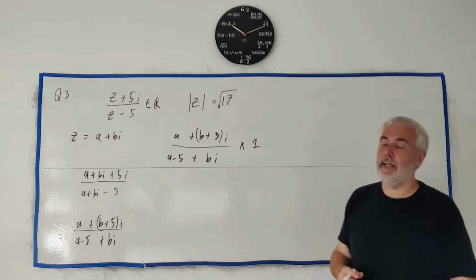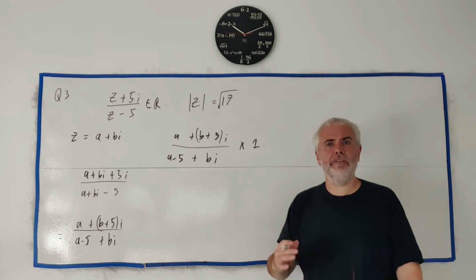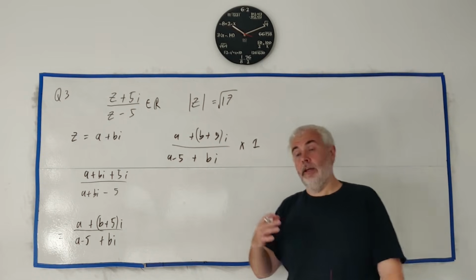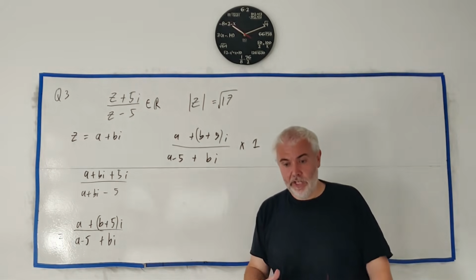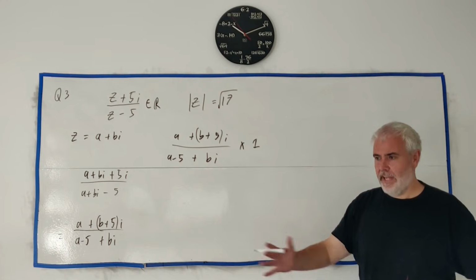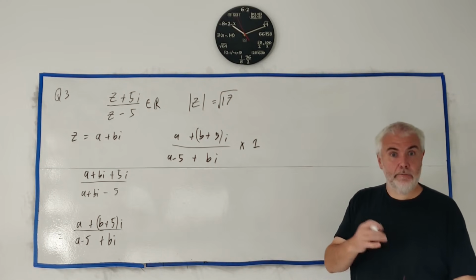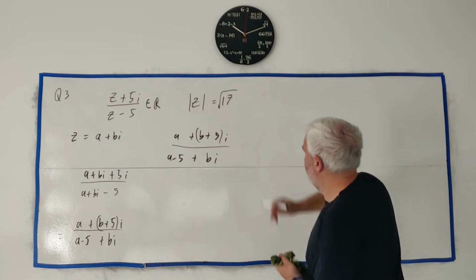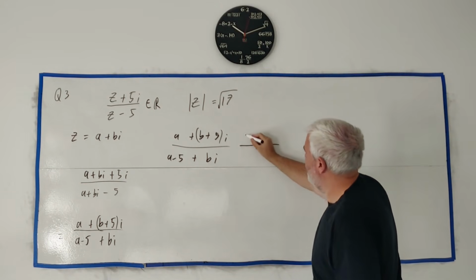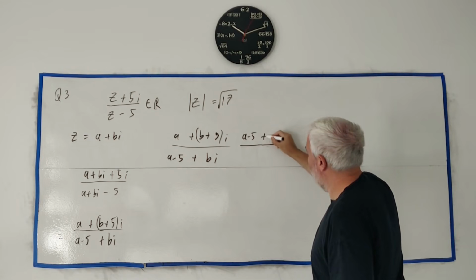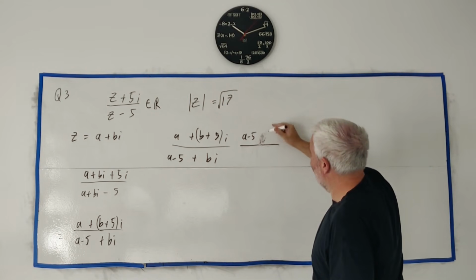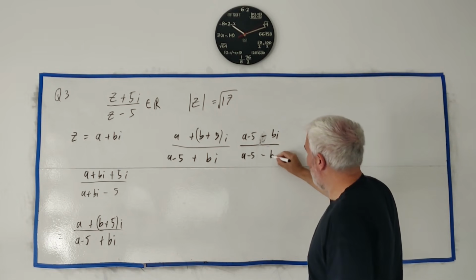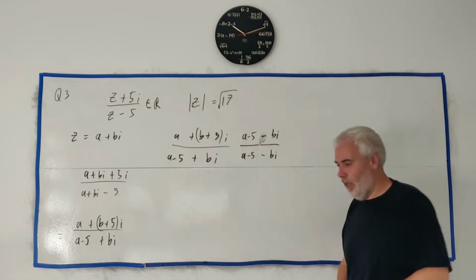The next trick is a number divided by itself is 1. 8 divided by 8 is 1, minus 20i divided by minus 20i is 1, 8 plus 4i divided by 8 plus 4i is 1. So we're going to use that fact to, instead of putting 1 here, put a minus 5 minus bi on top, a minus 5 minus bi on the bottom.